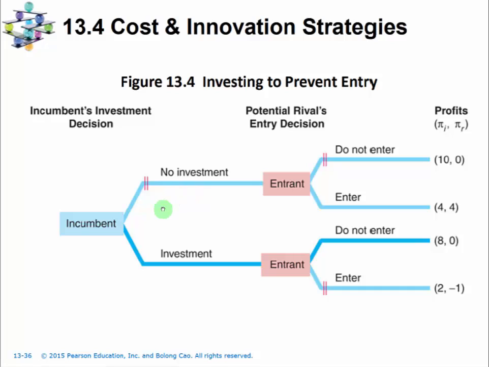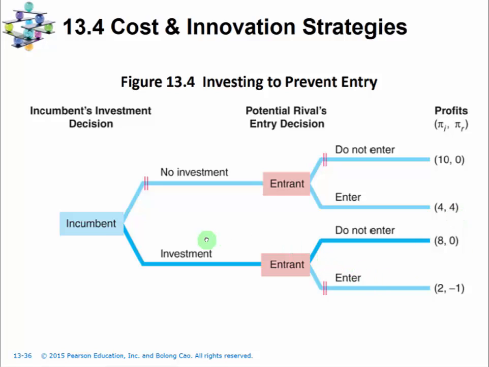Suppose that the incumbent does not make the investment on the robots. The entrant sees there's an opportunity to enter into this market because possibly without the robots, the production capacity of the incumbent is also limited. So after the entrant enters into this market, the incumbent just accommodates and each of them can earn 4 as profits.